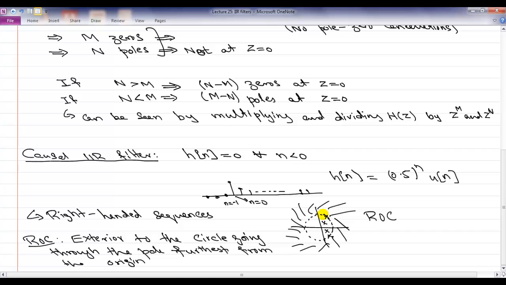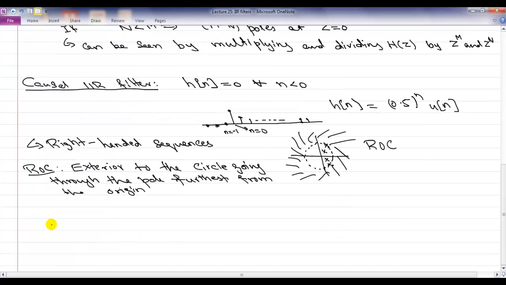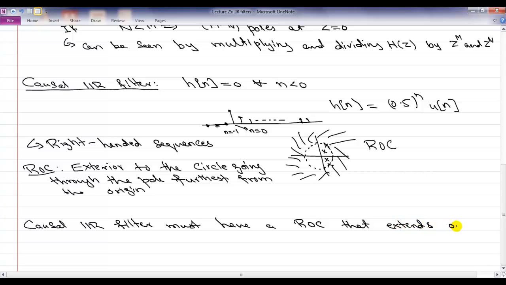Okay, so a causal IIR filter must have a region of convergence that extends outwards from a circle that passes through the pole which is farthest away from the origin.